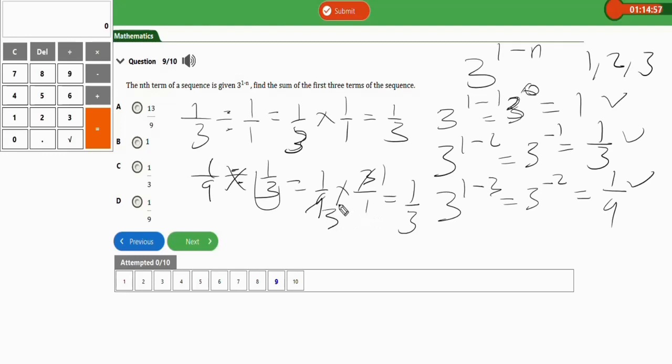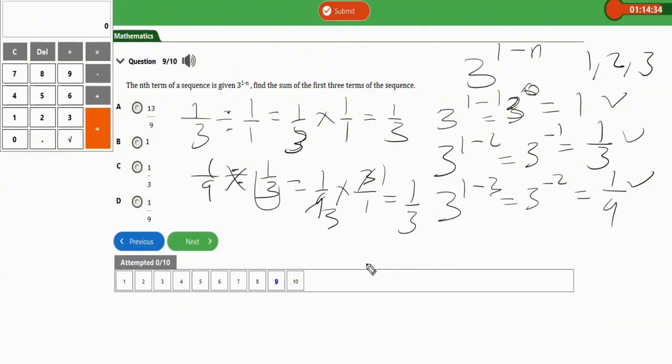Alright, so having established the fact that it's a geometric progression, if this didn't give 1 over 3 as well, it would have told us that the sequence will be an AP. But since we experimented with this and got 1 over 3 for both computations, this shows us that this is a geometric progression.